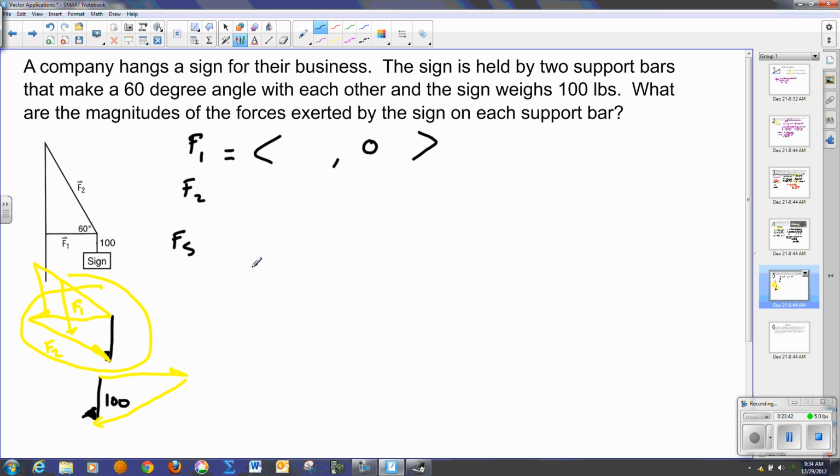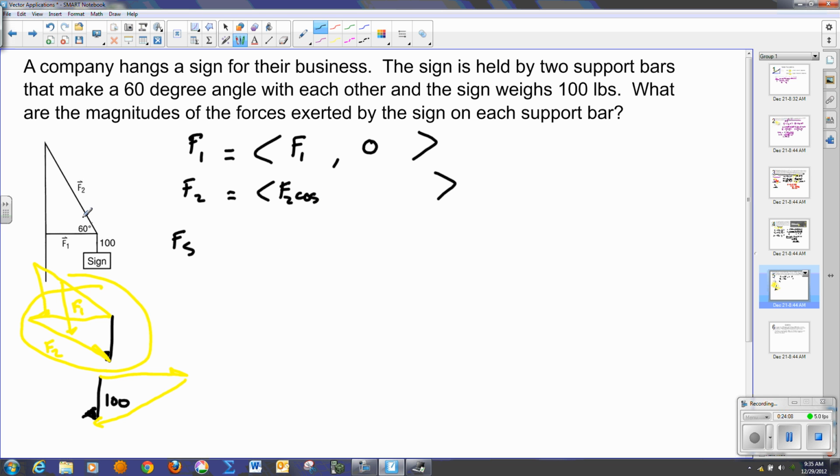The horizontal component is just whatever the force exerted on it is. Force 2 is at an angle. So we know that force 2 can be given by F2 cosine of whatever its angle is.